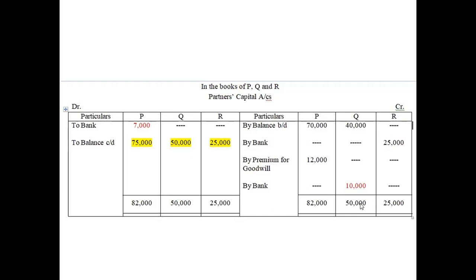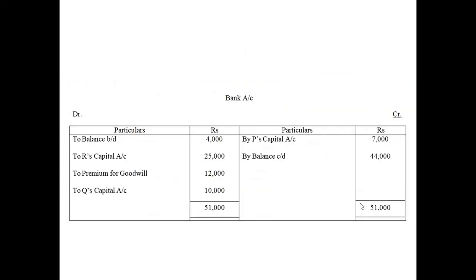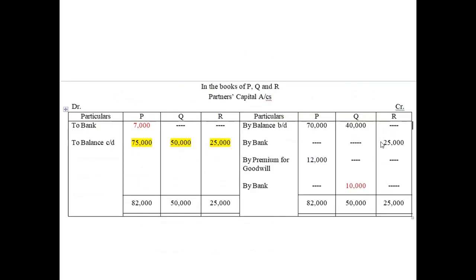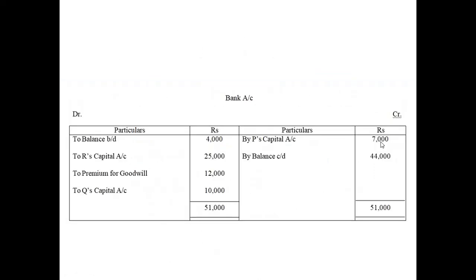So we write again to Q's capital account 10,000, and in the credit side we write by P's capital account because P is withdrawing 7,000. Now find balance CD. This much for question number 74.